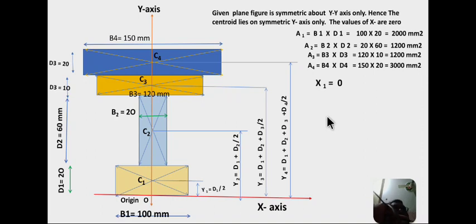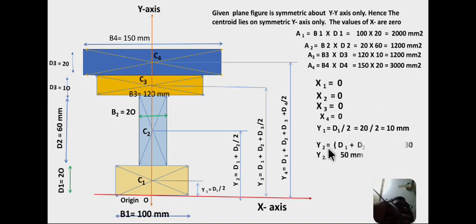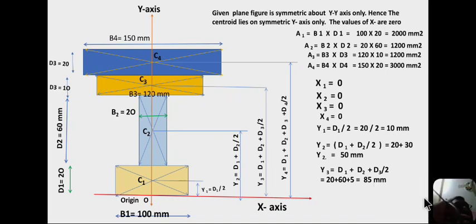It is symmetric about the y-axis. Therefore x1 equal to 0, x2 equal to 0, x3 equal to 0, x4 equal to 0. And from the figure, y1 equal to 10 mm, y2 equal to 50 mm, y3 equal to 85 mm, y4 equal to 100 mm. Now all these values are written in tabular form.